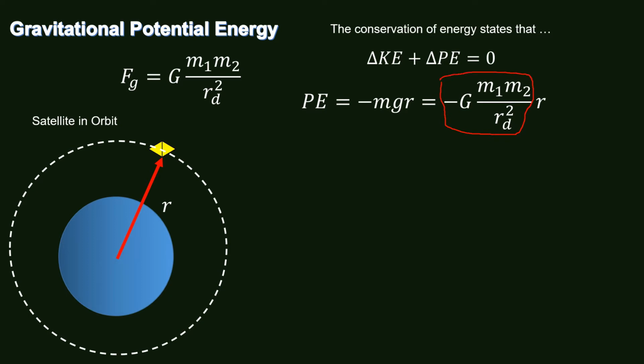We know that force times displacement is always equal to energy, and so we come up with this expression right here. So with this, we can calculate the potential energy of, say, a satellite that's orbiting the Earth. We have to remember, though, that this R is from the center of the Earth to the center of the satellite.